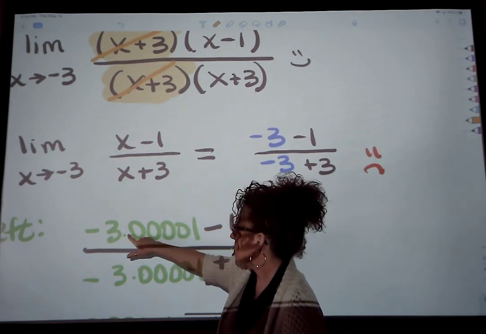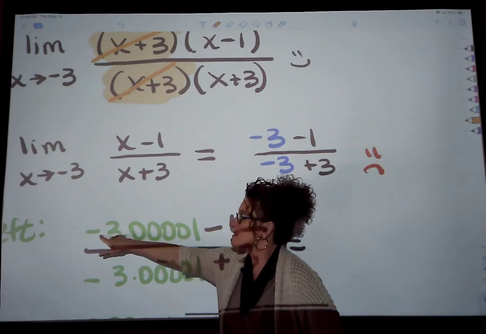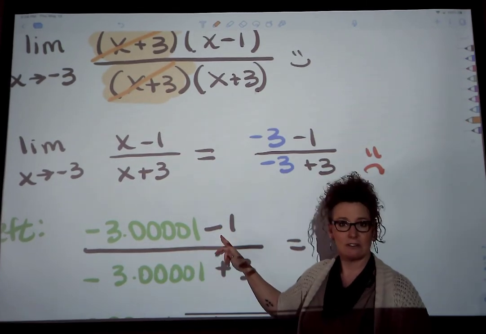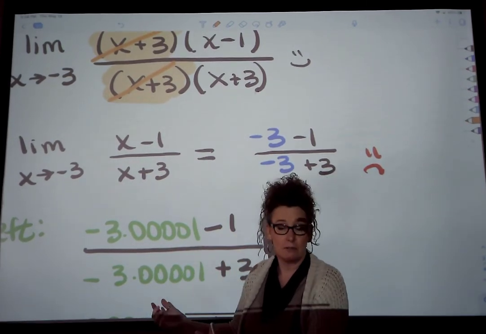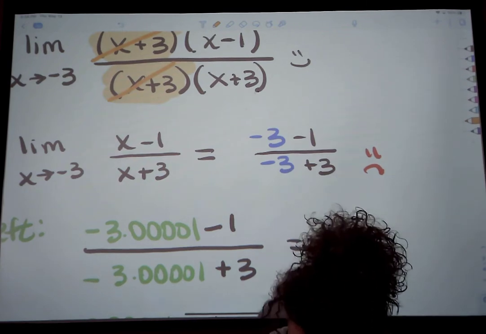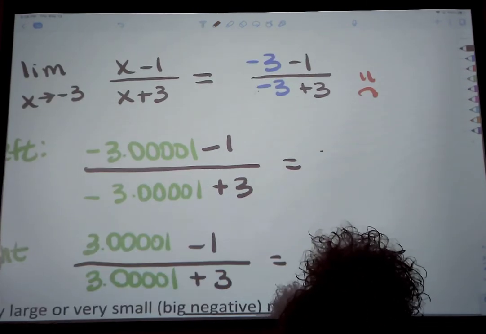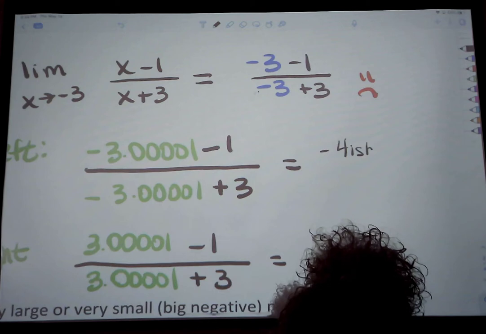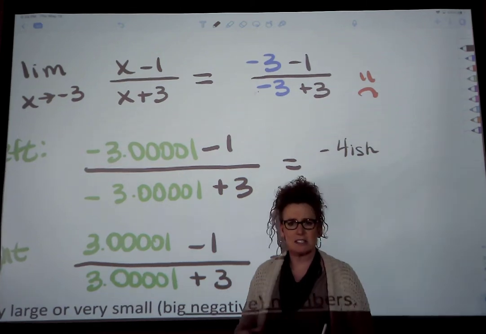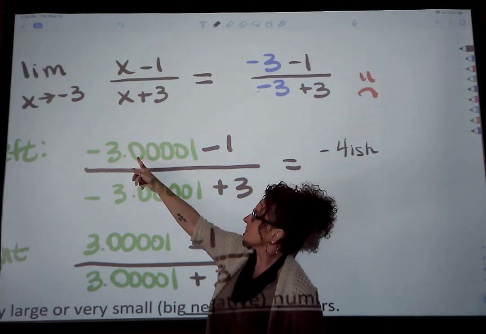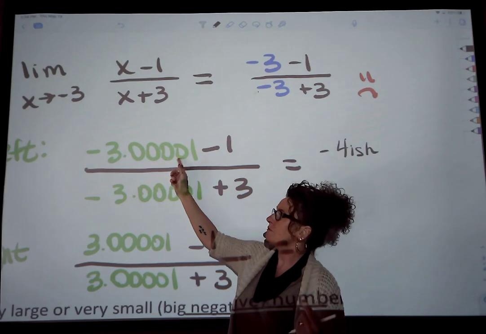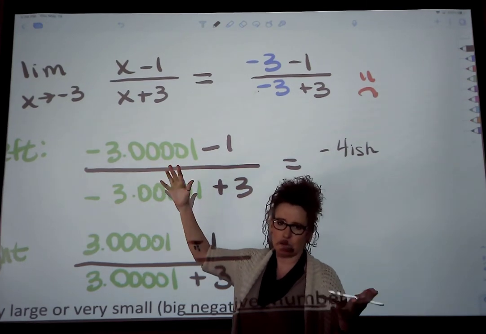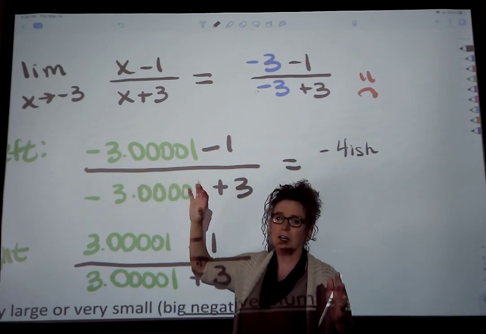So negative whatever, -1. This negative combined with this negative is just going to get me a larger negative. So I'm going to call the numerator -4-ish. You know, because I might have used 5 decimal places and you might have used 4 decimal places, whatever.